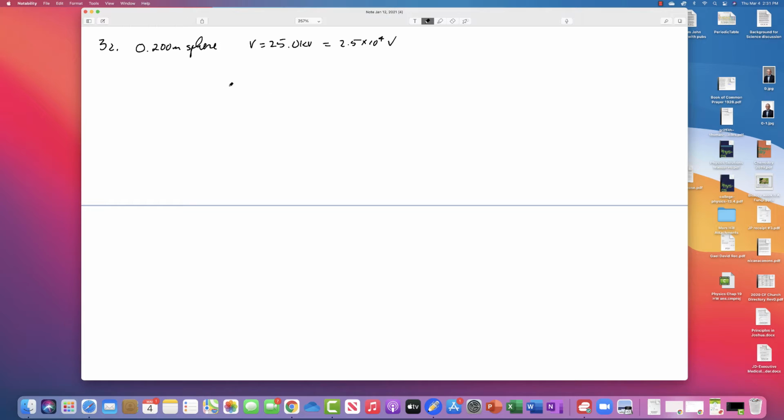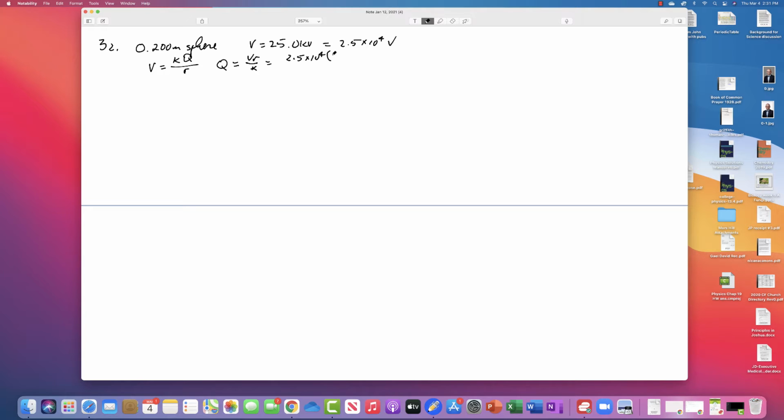And the voltage is equal to K Q, the charge, divided by R. And so Q, which is the question, has to equal VR over K. So that's going to be 2.5 times 10 to the 4th times R. Now it's radius, not diameter.